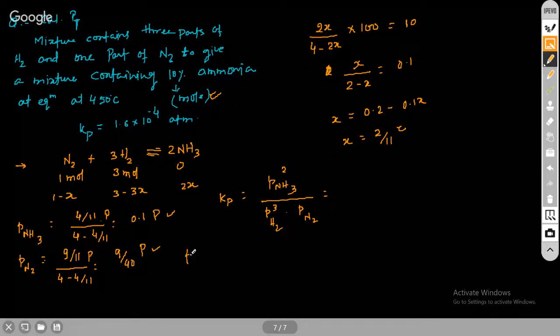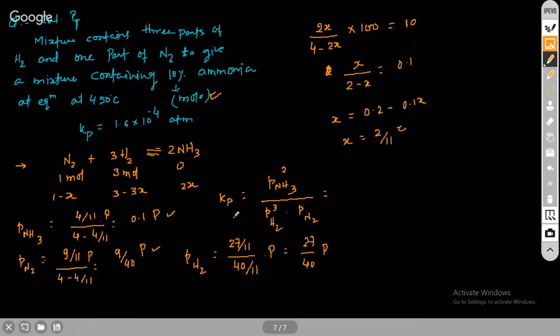And the pressure of H2 will be 3 into 1 minus x. 1 minus x is 9 by 11. So it is 27 by 11 divided by again 40 by 11 into P. That will be 27 by 40 into P.